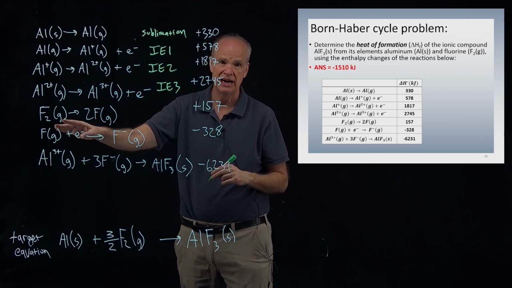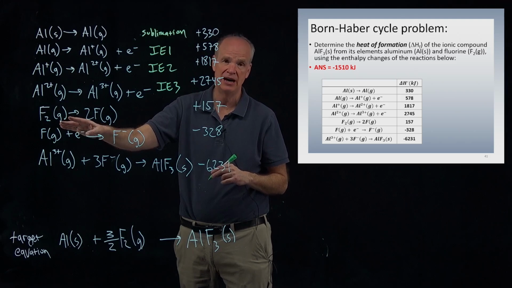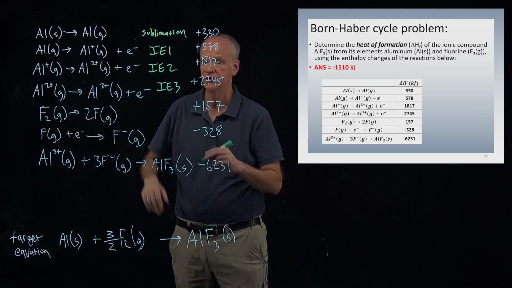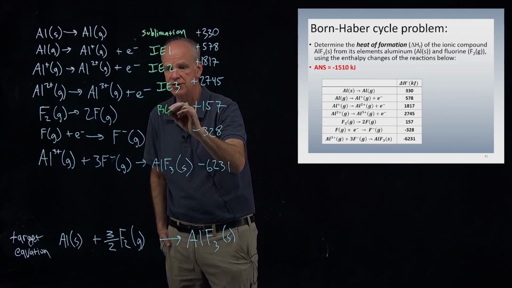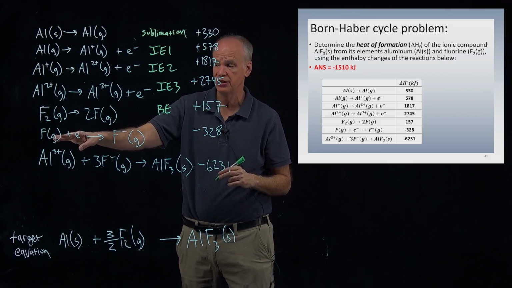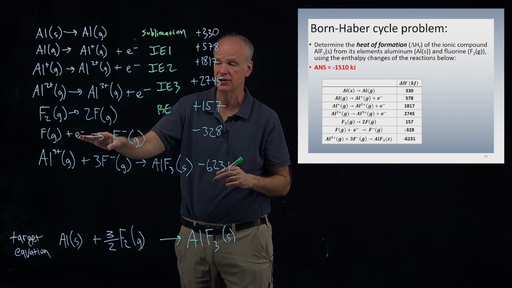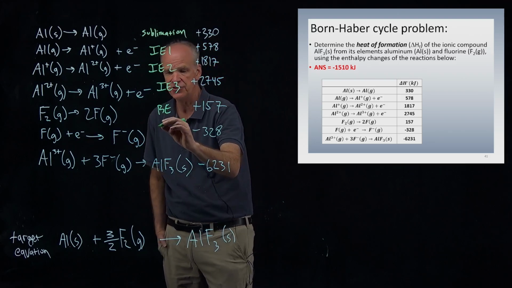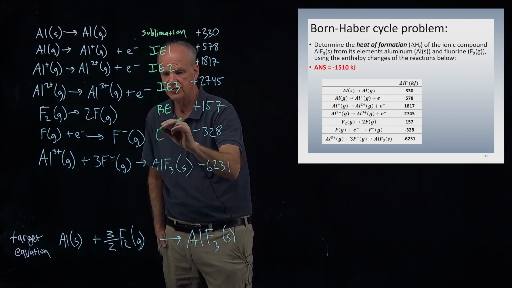Here, you're taking diatomic fluorine molecules, and you're just breaking the bond between the 2 atoms in the molecule and separating out the fluorine atoms. And so this is a bond energy. And then here, what we have is neutral fluorine atoms in the gaseous state, and we're adding electrons to them to form gaseous fluoride ions. And so this here is an electron affinity.